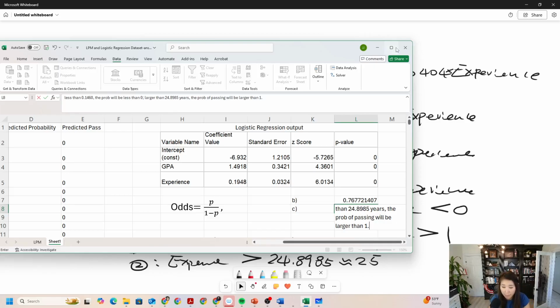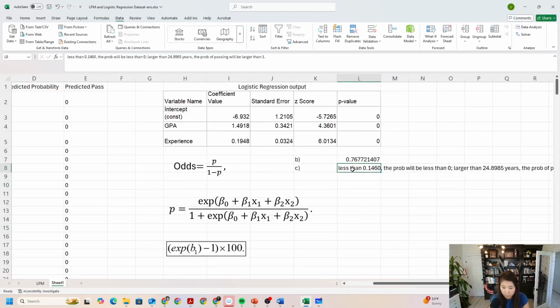Okay, so that is how we are able to address this.